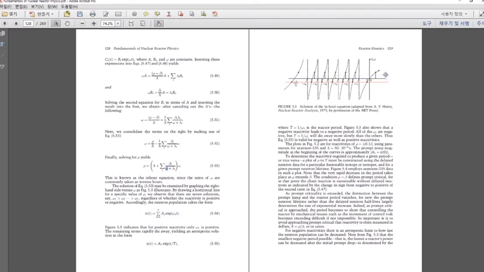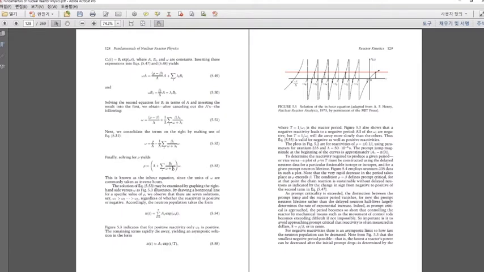Especially the biggest omega, omega 1. When we find the biggest omega, omega 1, then by taking the inverse of omega 1, we are able to calculate the reactor period when all other parameters are given.